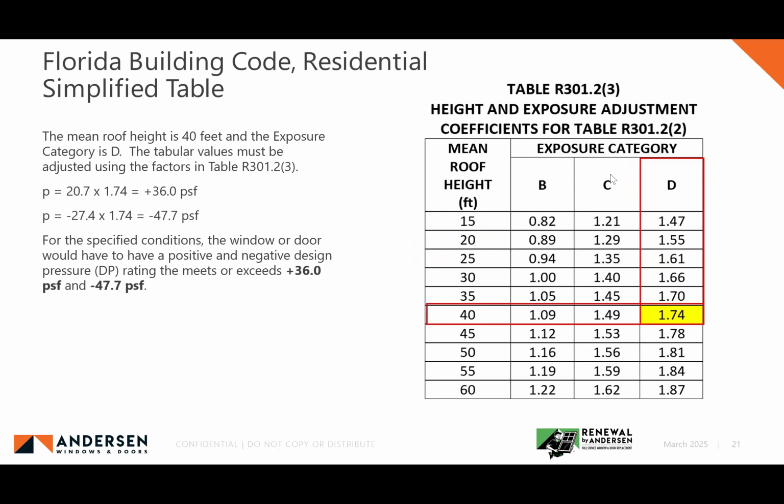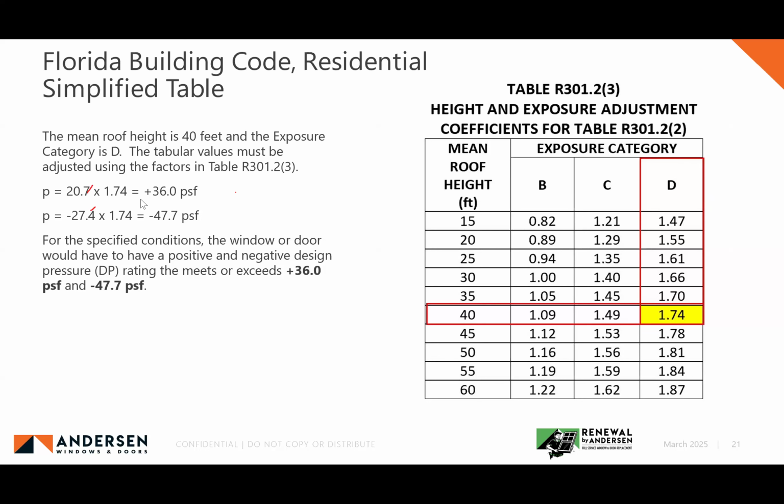And then we said we had a mean roof height of 40 feet, so we read across, and we have to multiply our table values by 1.74. Okay. So we take the ones before, 20.7 and negative 27.4 PSF, multiply them times 1.74, and we get our minimum design pressures.